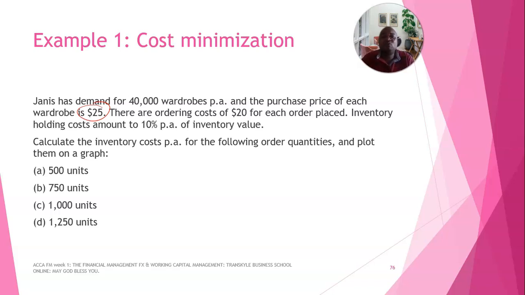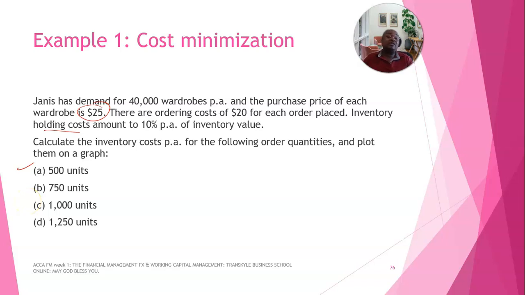So the only moment we are going to make that value relevant is when we consider the computation of certain variables. For example, we are told that inventory holding costs amount to 10% per annum of inventory value, so we will use it for the purpose of computing inventory holding costs. Are we together? Thank you.